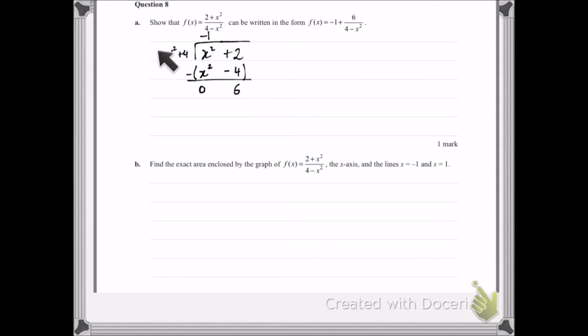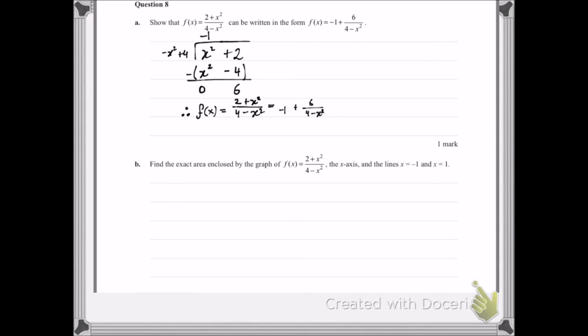We multiply that through the divisor, and we end up with a remainder of 6 after we subtract our partial product. So from that, our function of x can be expressed in this form: quotient plus the remainder divided by the divisor. And there we have it.